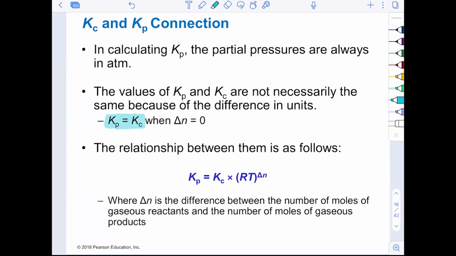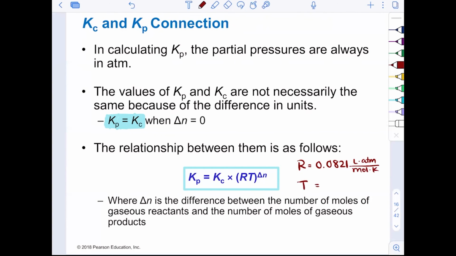The relationship between them, if the moles do change, is this equation. Kp is equal to Kc times RT to the delta N. Yes, R is the gas law constant, R equals 0.0821 liters atmospheres over moles Kelvin.